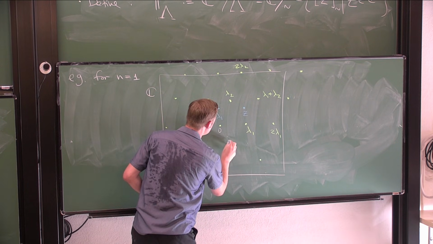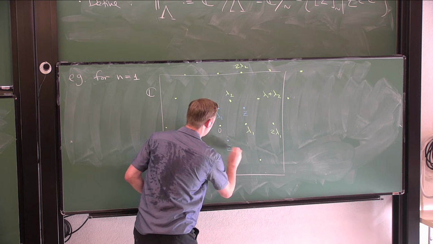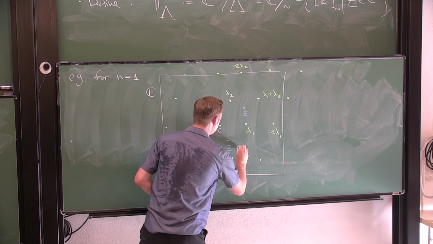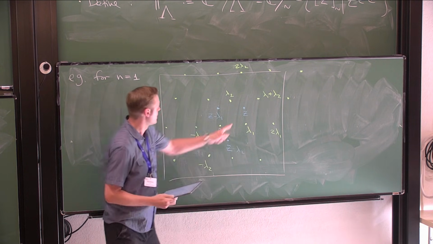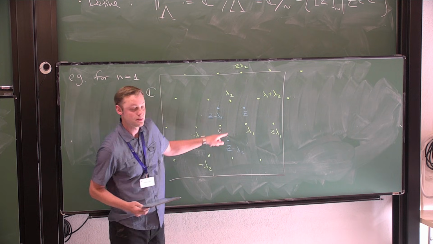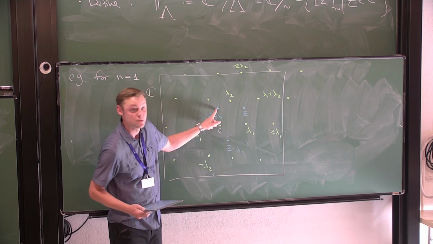Similarly, if I look at this one, which I'm thinking of as Z minus lambda 2, again, I have an identification between this point and this point. And in fact, between this point and this point.